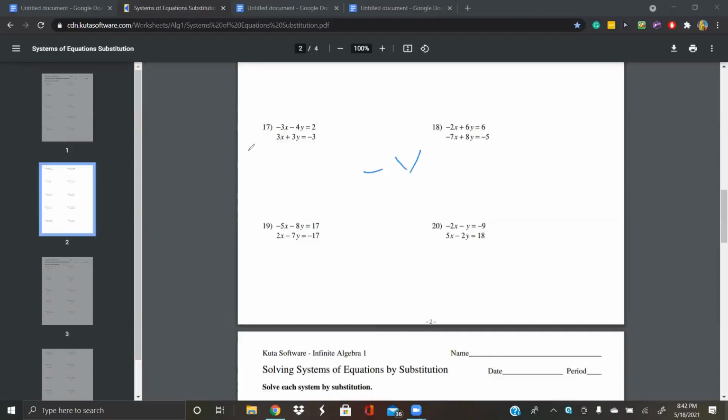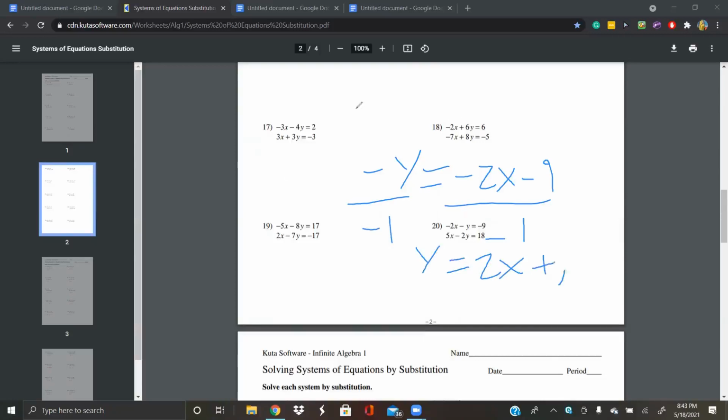So that leaves us with -y equals -2x minus 9, and then divide both sides by -1. So that leaves us with y equals 2x plus 9.